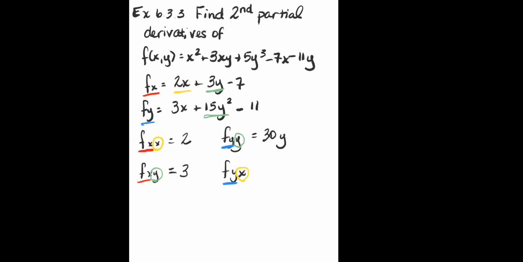Let me highlight. That's this term. And I get 3. And what should happen here is I should absolutely get the same number for the mixed partial derivatives. They absolutely are the same. So that when you use it for a calculation, we will be able to use the same number. It's a great double check.